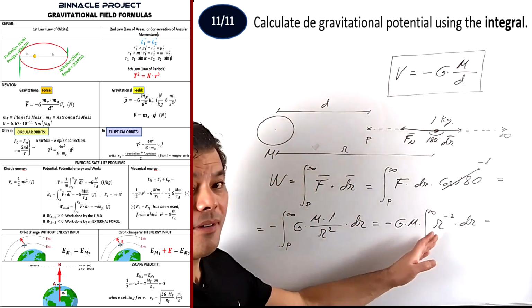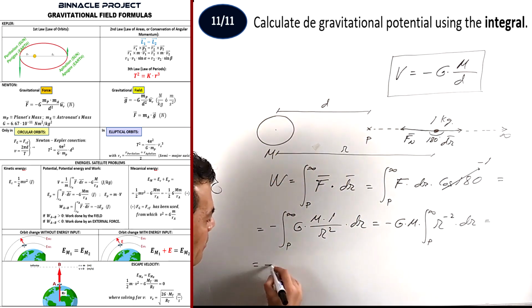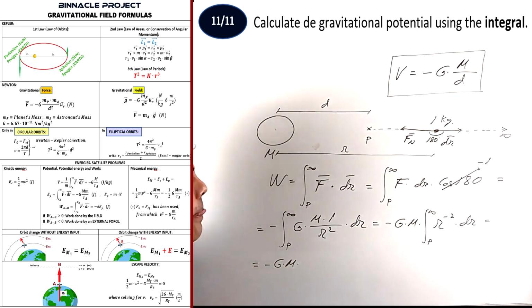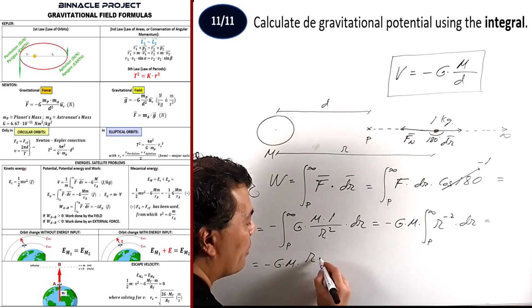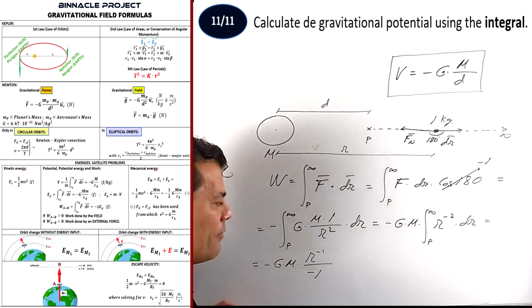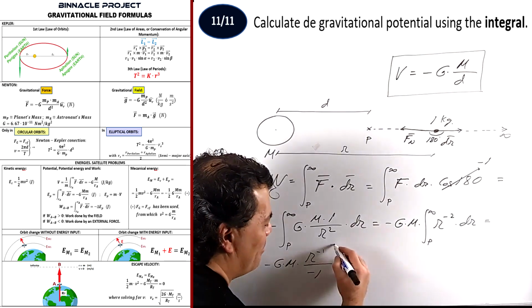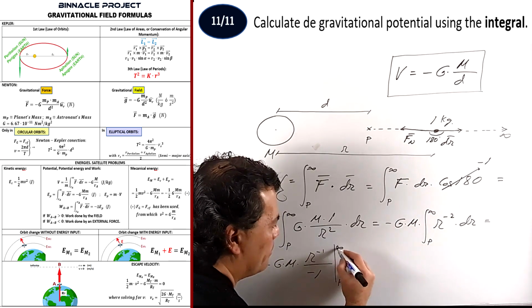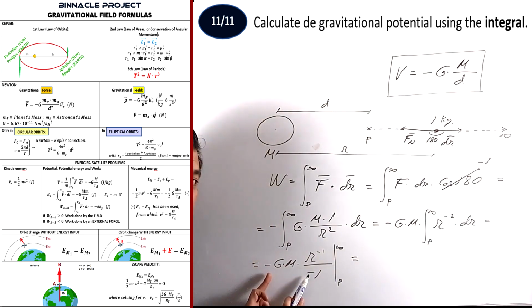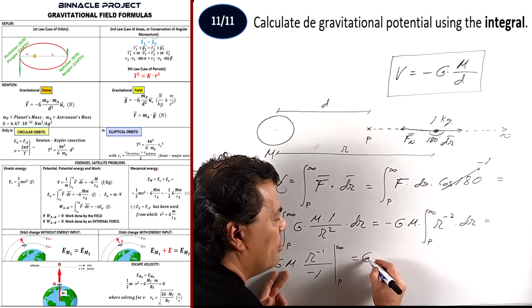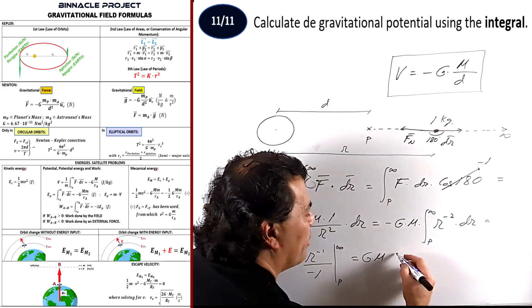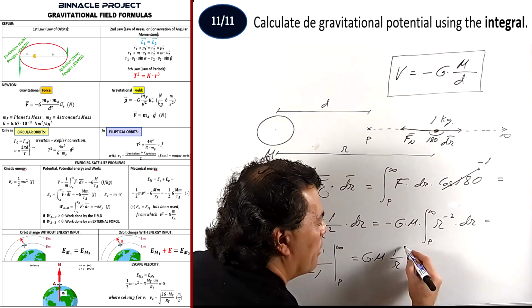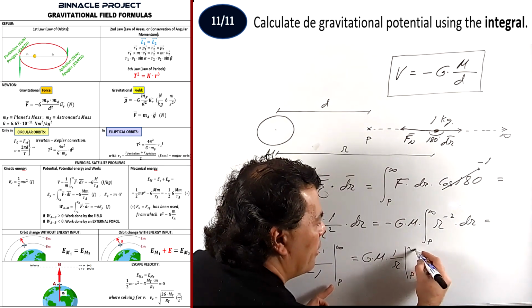And can you remember, it's very easy, that the integral of r to the -2 is r to the -1 divided by -1, okay? Between P and the infinite. These two minus signs cancel out, and we have G multiplying M, and r to the -1, I'm writing it like 1 divided by r between P and the infinite.